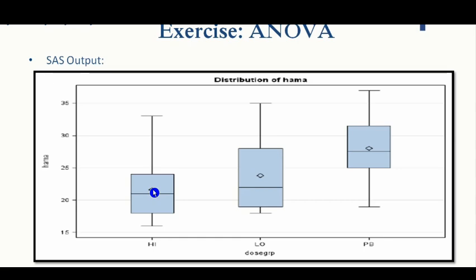This way the box plot is drawn, and here this is the minimum and maximum, and you have Q1, Q2 and Q3. These are the quantiles and this is the arithmetic mean. The wider the box is, the more the variation. So in yellow the variation is large as compared to the high and the placebo group.